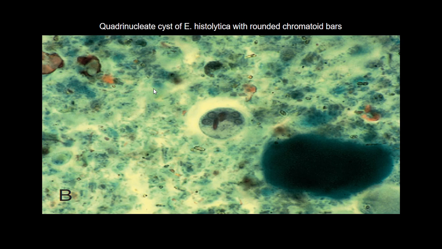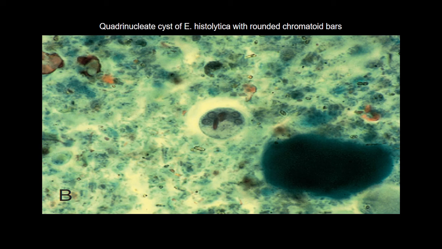It's extremely important to differentiate in the stool analysis if the patient carries the pathogenic amoebas, in particular like Entamoeba histolytica, and the non-pathogenic amoebas like Entamoeba coli, for example.